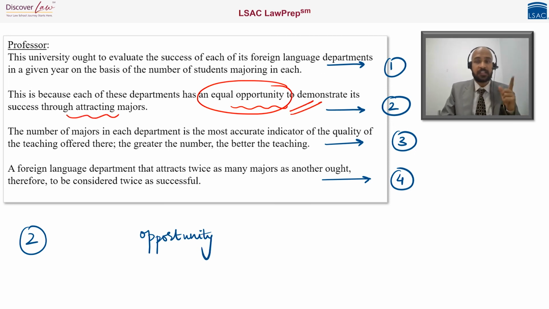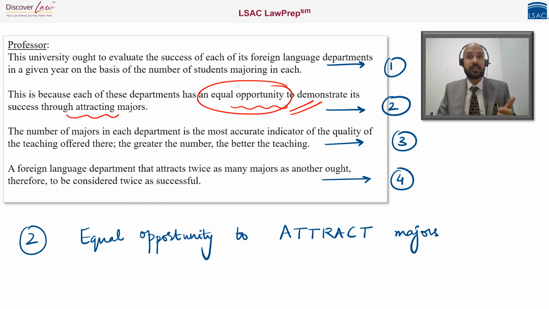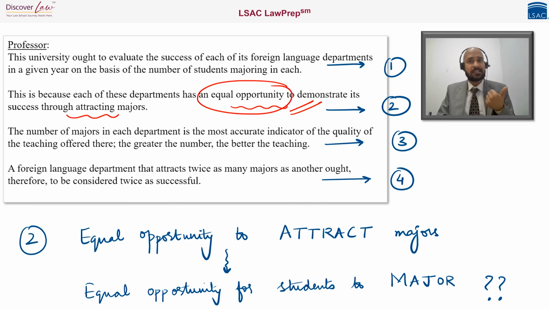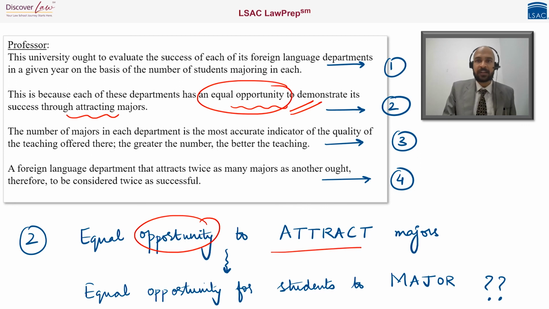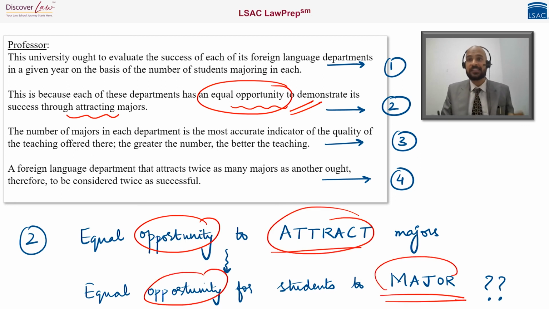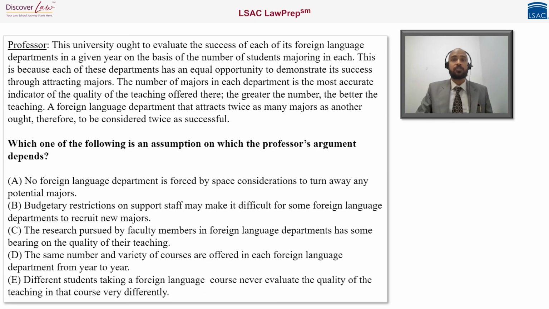There's an equal opportunity to attract, but is the equal opportunity to attract the same as an equal opportunity for students to major? What you see here is that they have equated the opportunity to attract as being the opportunity to major. This is an assumption, right? So we're required to find the assumption in this argument.